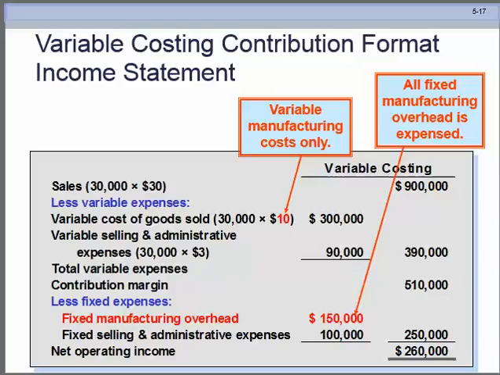Okay, so variable costing format income statements. Take a look at the red pieces here. Variable cost of goods sold is the number of units sold times the variable manufacturing cost per unit, or $10. So $300,000 in variable cost of goods sold, and that $3 variable selling and administrative expense per unit likewise remains the same.